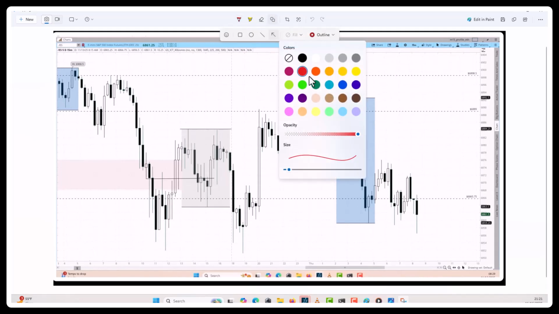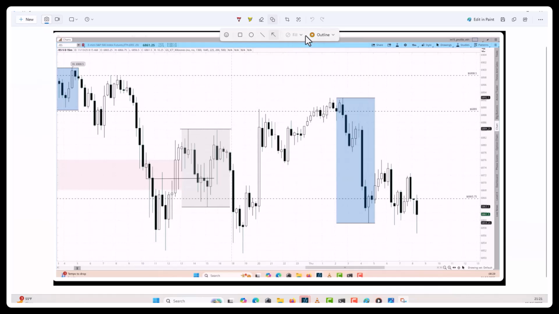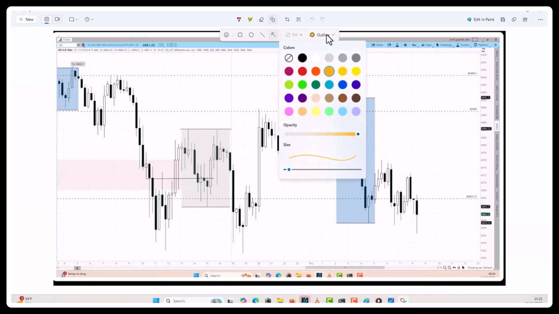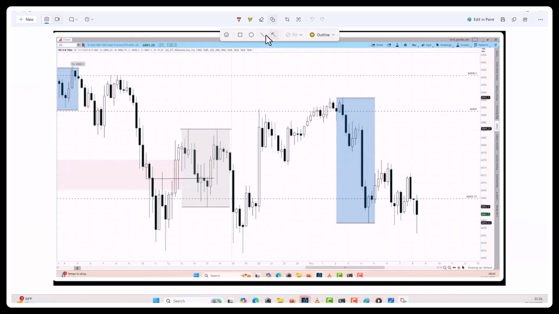Let's mark this level. Yeah, mark the level to see how it plays out, right? That's the level. What else do we see? Maybe this level.